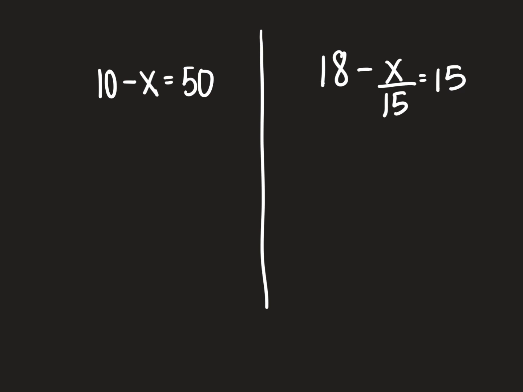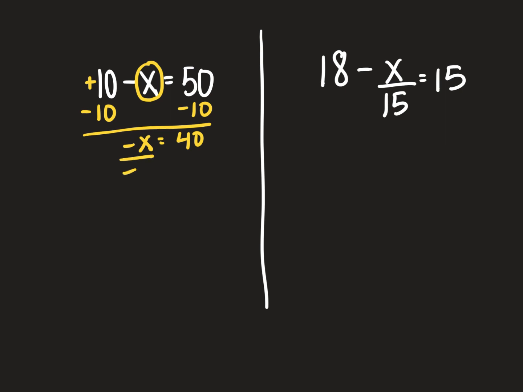Again, on this example, if I want to isolate the variable x, I want to add or subtract a constant, and even though this 10 does not have a positive sign in front of it, we know that it's a positive 10, and so in order to get rid of that, I subtract 10 from both sides, and we get negative x is 40. But we never want to know what a negative variable equals.